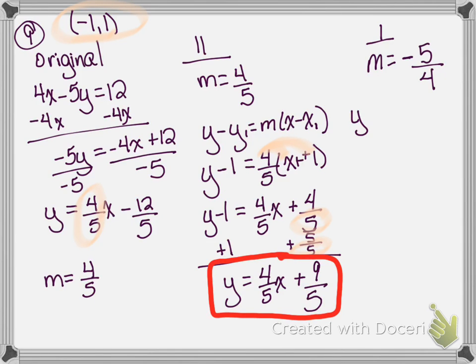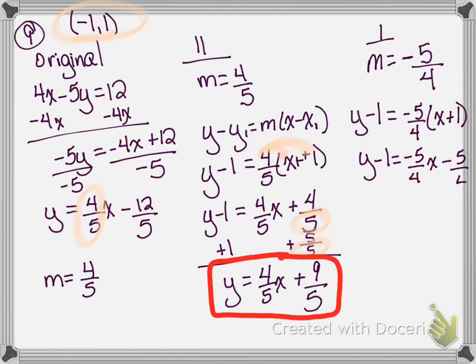So I have y minus 1 equals negative 5/4 and x plus 1. So I'm going to distribute my negative 5/4 to both. And again, I'm going to add 1 to both sides. But again, we've got to add fractions.